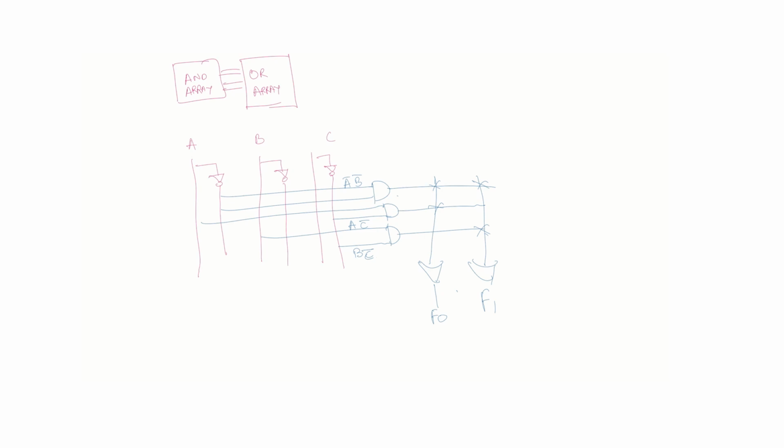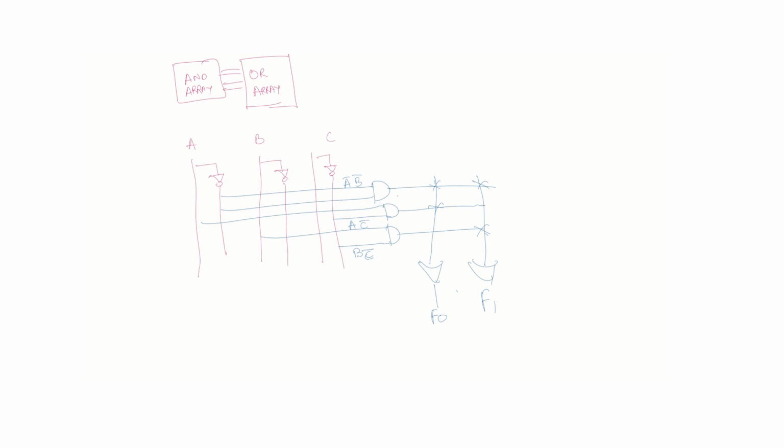So how would you realize this function? Since there are 3 input variables A, B, C, it's a 3:8 decoder. There are 8 possible outputs, 2 raised to n outputs.